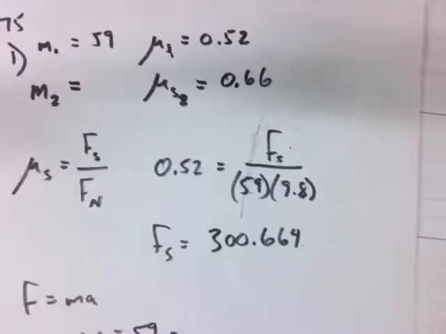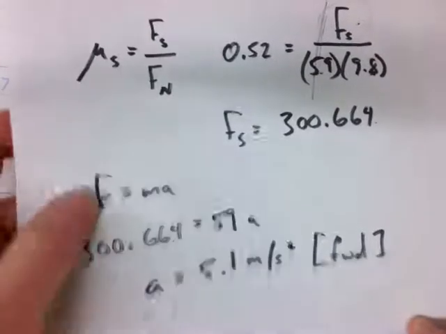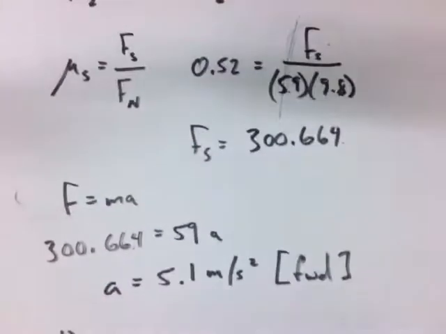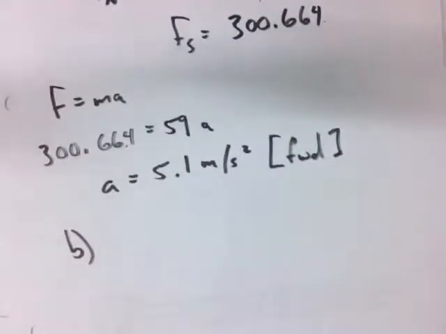Hopefully that makes sense. Part C says determine the ratio of the two accelerations and compare it to the ratio of the two coefficients of friction. This is not a question you need to solve as much as it's trying to teach you something. I'm not going to do it because you were just doing the exact same thing, and then you're just comparing ratios.